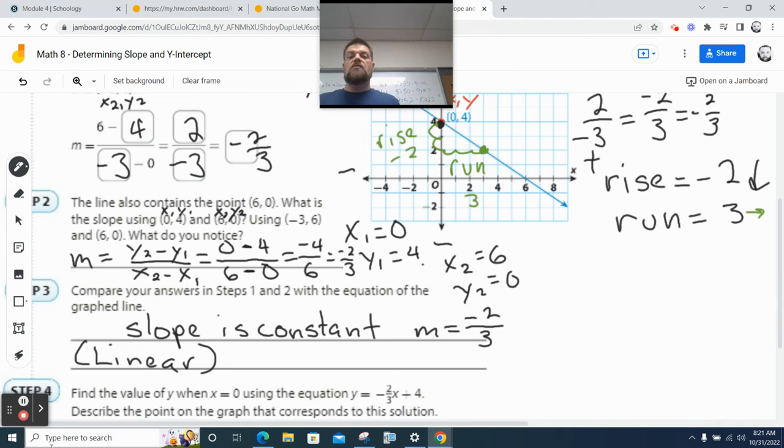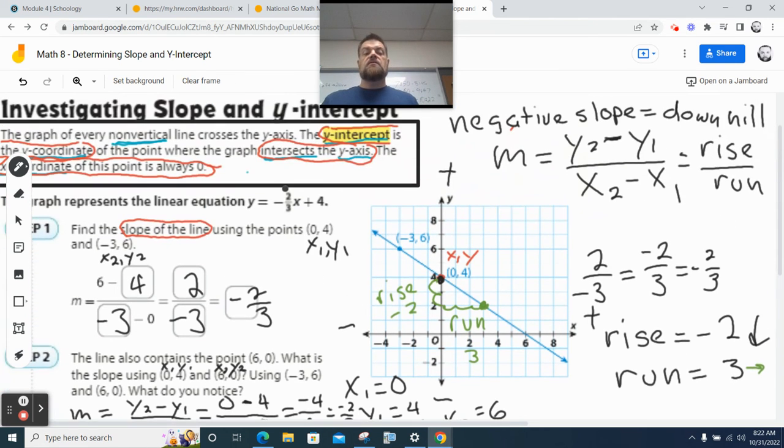By the way, we kind of skipped over this. What does it say up here? Look at our equation. Y equals negative 2/3 x plus 4. This is my slope, m, and this is my y-intercept, and sometimes we call that the letter b.